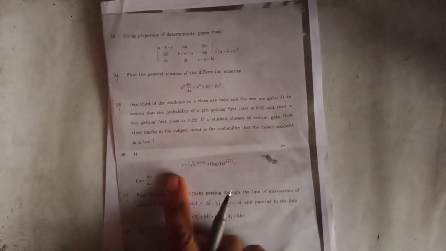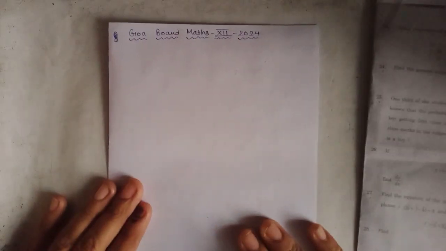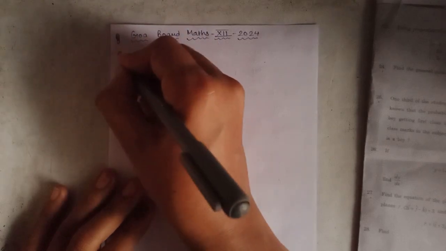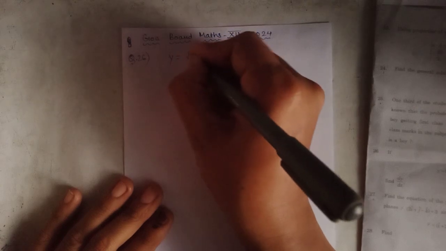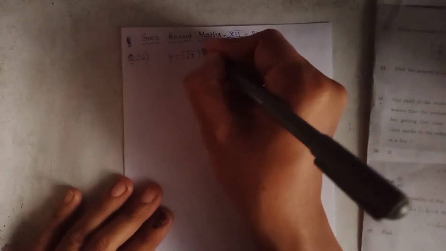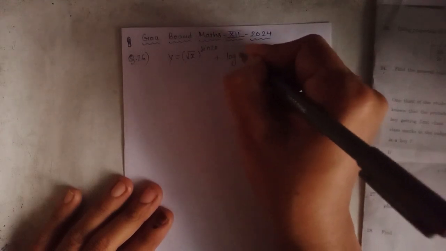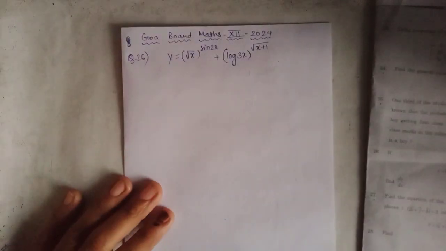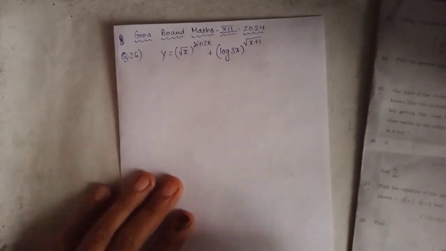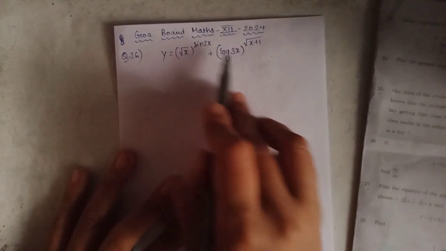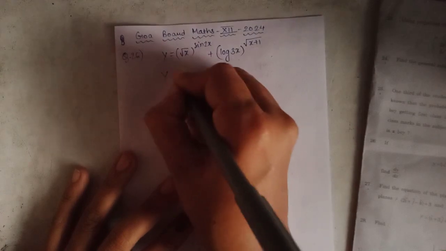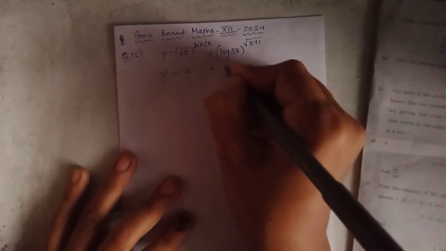If an equation is given, we have to find dy by dx, that is, we have to differentiate with respect to x. Question number 26. y is equal to root of x raised to sine 2x plus log 3x raised to root of x plus 1. Okay, so here the raised to functions are there, so we can take this function as u and this function as v.